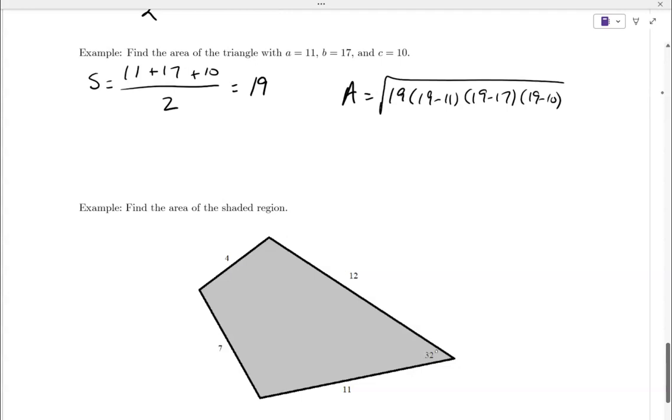So what do you get? 8 times 9 is 72, times 2 is 144. Then take the square root of that product. I've got a calculator laying here. Do you think I care if you simplify that? No, I do not care if you simplify that.